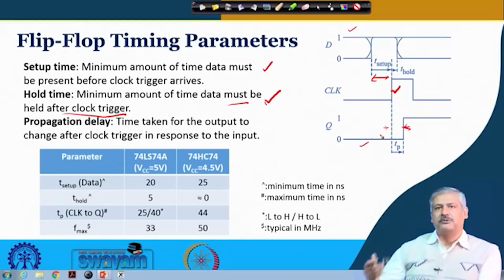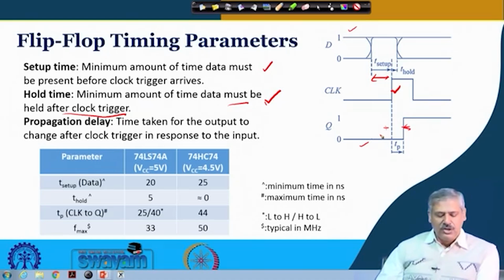For example, if you present an asynchronous clear or asynchronous preset, after a certain amount of time only will it be reflected; the output will get cleared or preset. So, there is a delay associated with it, but it happens whenever it is required, not regularly. Those parameters are also available in the data sheet.